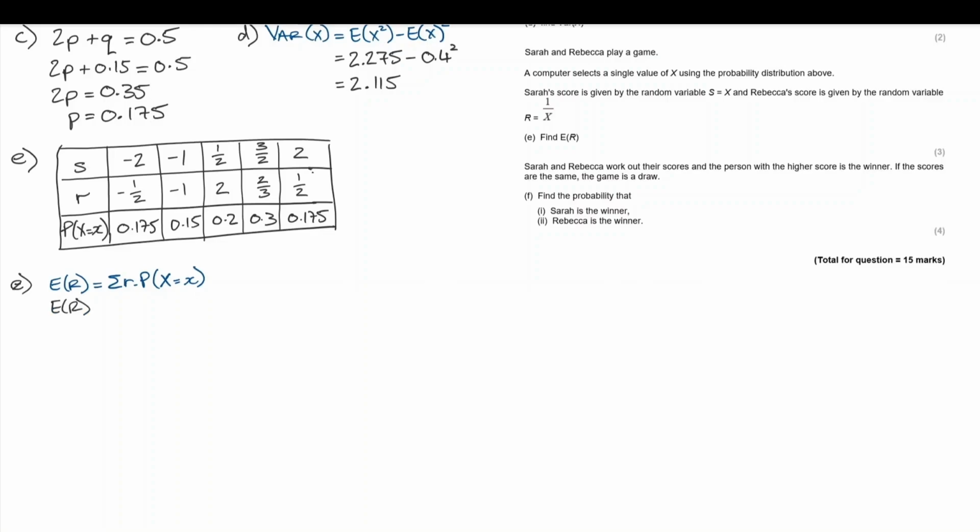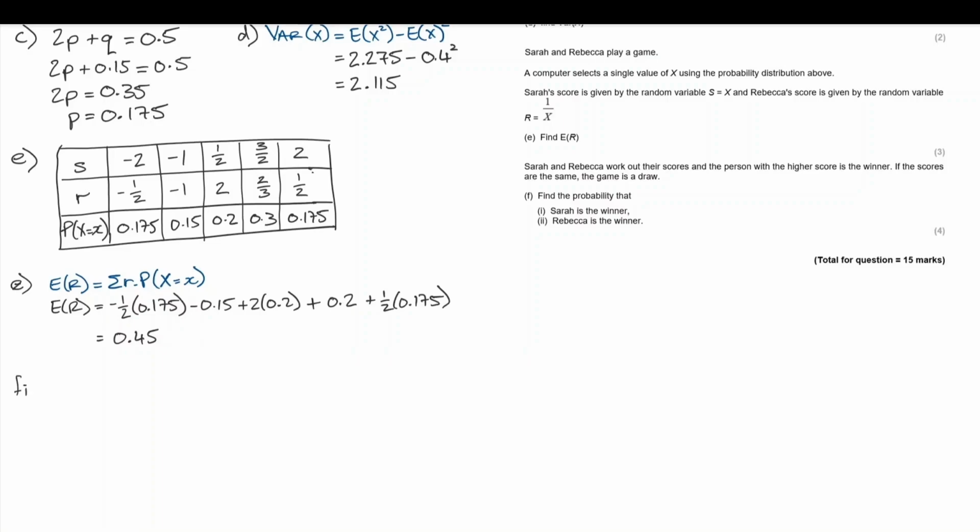So this gets us -1/2 multiplied by 0.175, -1 times 0.15, 2 times 0.2, 2/3 of 0.3, and 1/2 of 0.175. Putting this into the calculator, the expectation of r is 0.45.